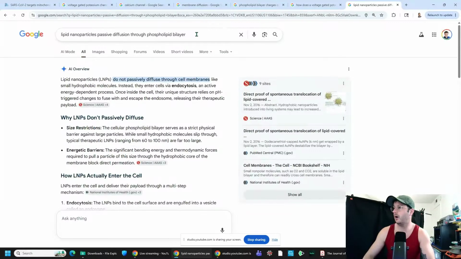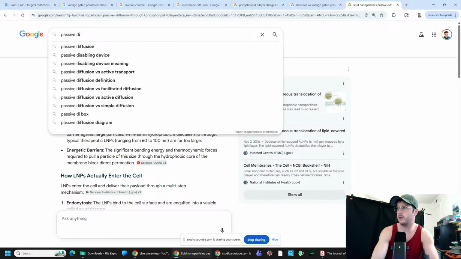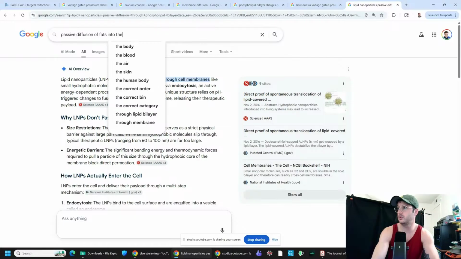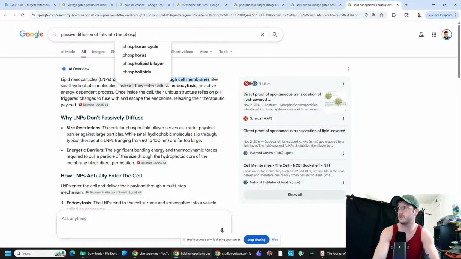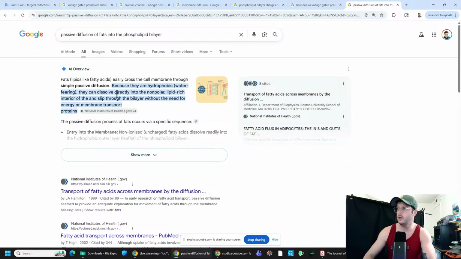Okay. And then passive diffusion of fats into the phospholipid bilayer. So I was making a cross comparison, which was inaccurate for the lipid nanoparticles.